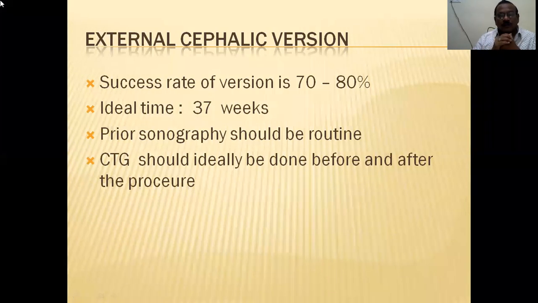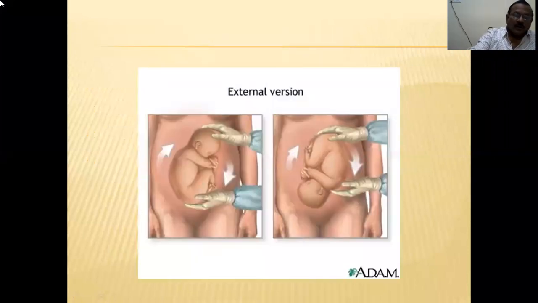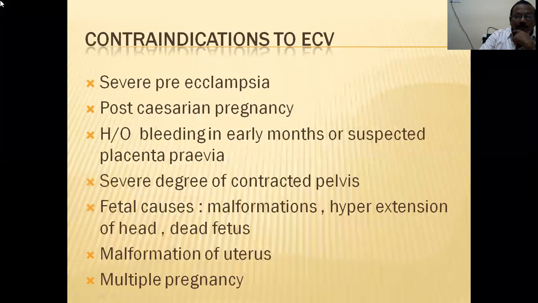Prior sonography as a routine, and CTG before and after the procedure. You catch hold of the head and turn it in a clockwise direction. We bring the podalic pole to the fundus and the cephalic pole into the pelvis. This is how we do external cephalic version.